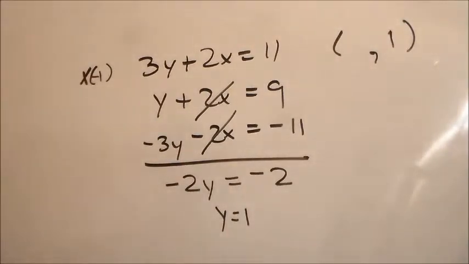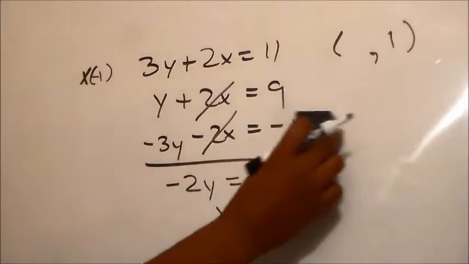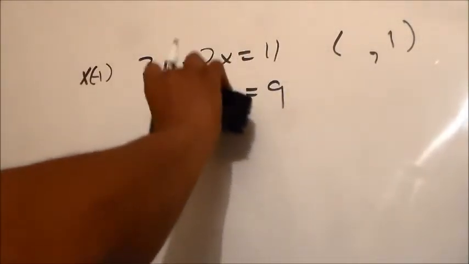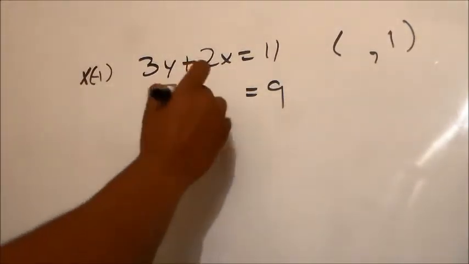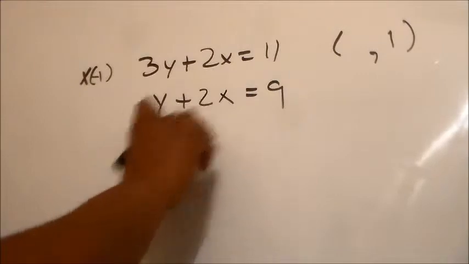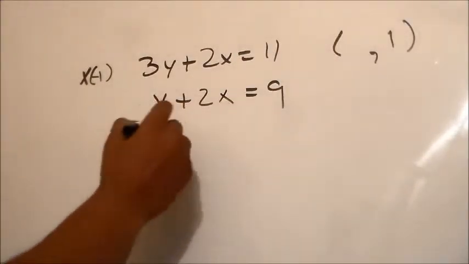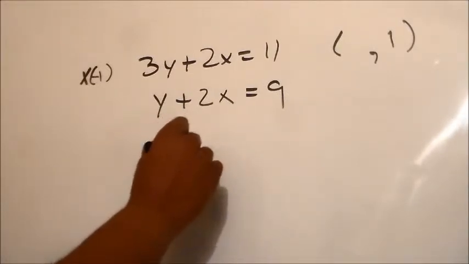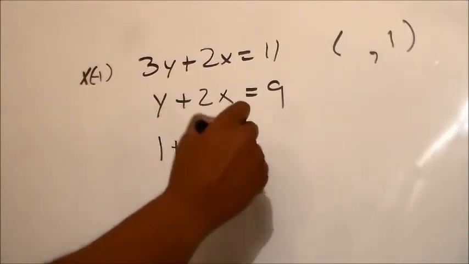Now what we could do is take the equation that's not beat up so bad. I try to go with the easiest one. We found out that y is 1. So I would say 1 plus 2x equals 9.